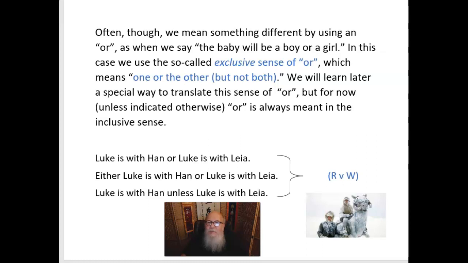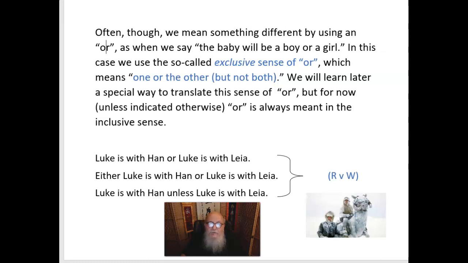As when we say the baby will be a boy or a girl, we use the so-called exclusive sense of or, which means one or the other, but not both. We will learn later a special way to translate the sense of or, but for now, unless indicated otherwise, or is always meant in the inclusive sense.